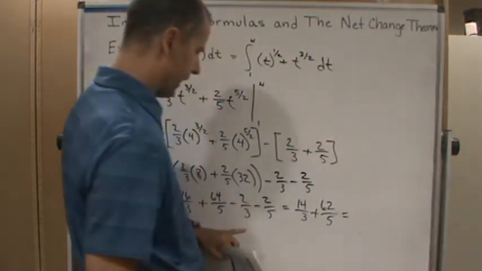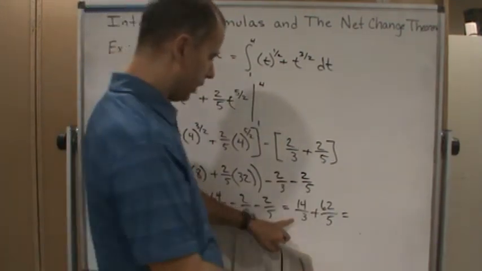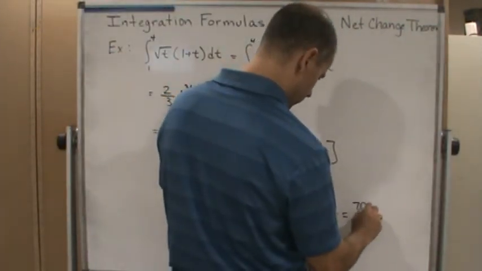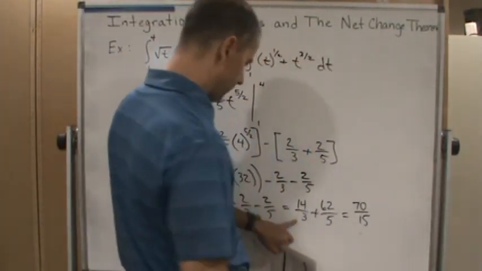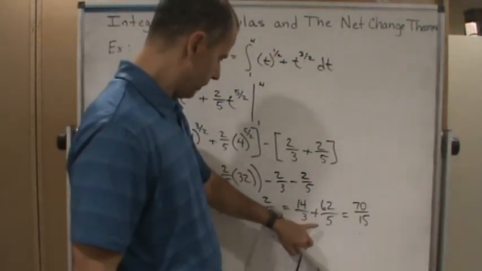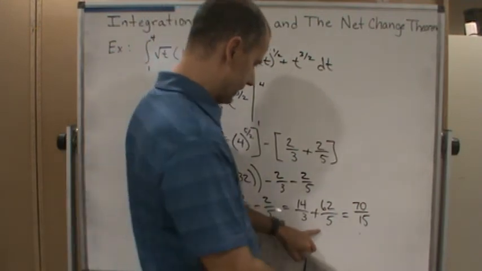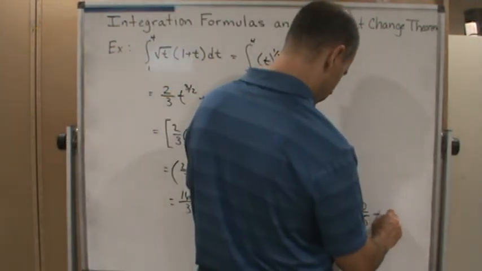And now I'm going to get a common denominator, so this is going to be 70/15, right? And this is going to be 186/15.